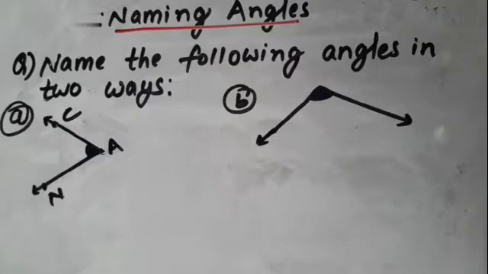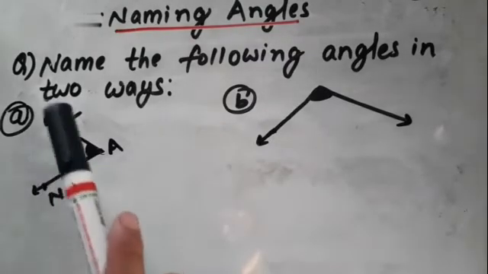Today we will be doing the same chapter and we will again focus on how to name the angles in different ways, especially how to name the angles in two ways. So, today I have brought some questions here. We will focus on these questions.